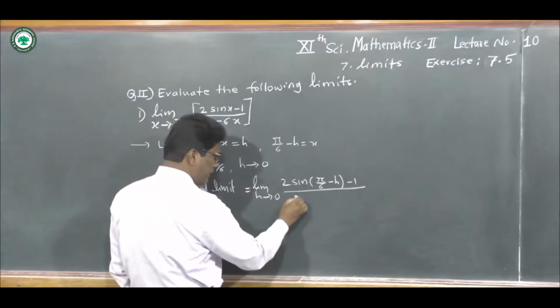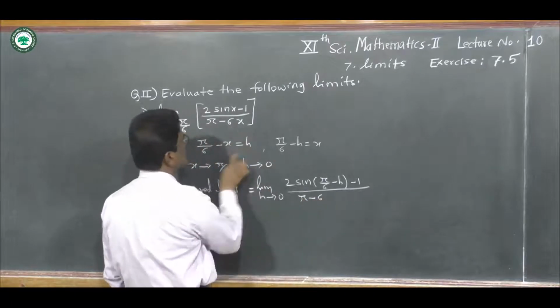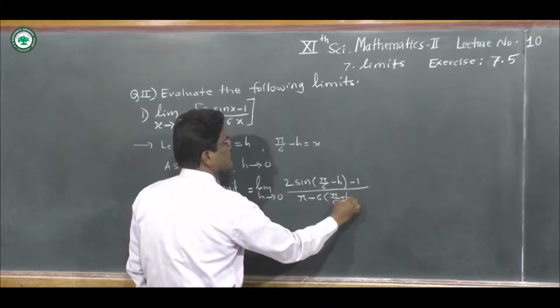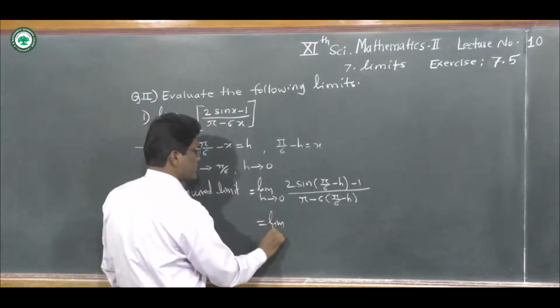So we take pi minus 6 times x, where x is pi by 6 minus h. Okay, so it is equal to limit as h tends to 0.